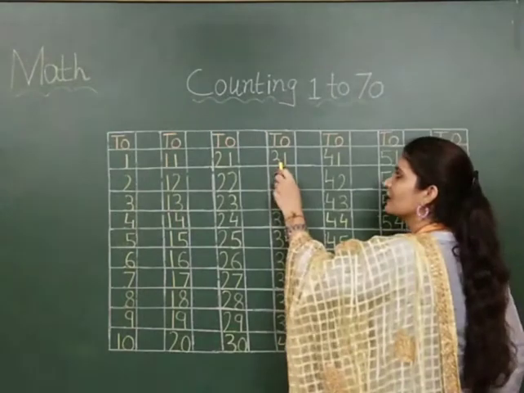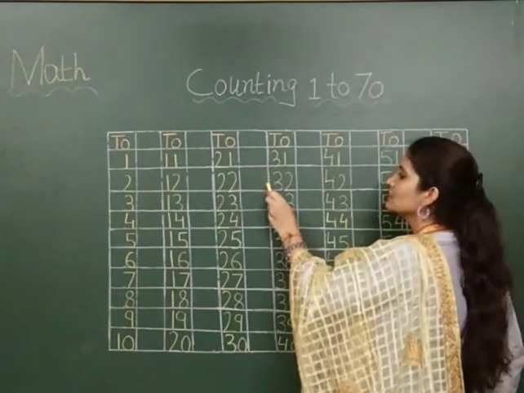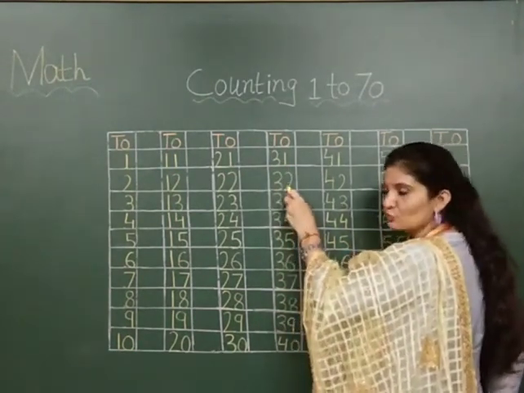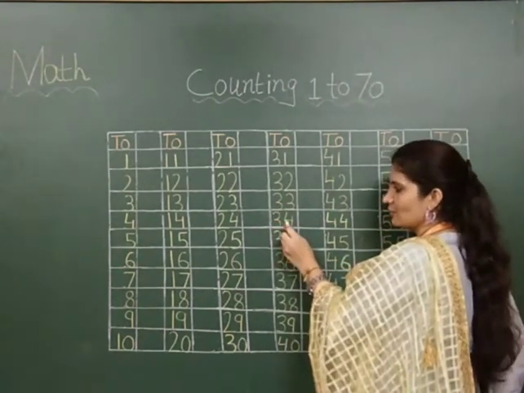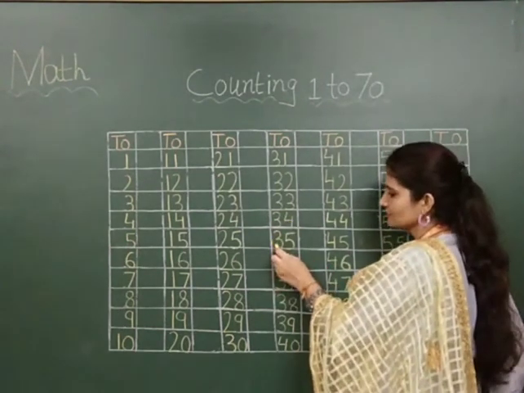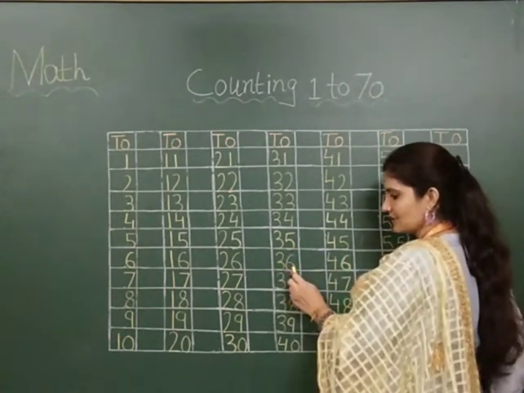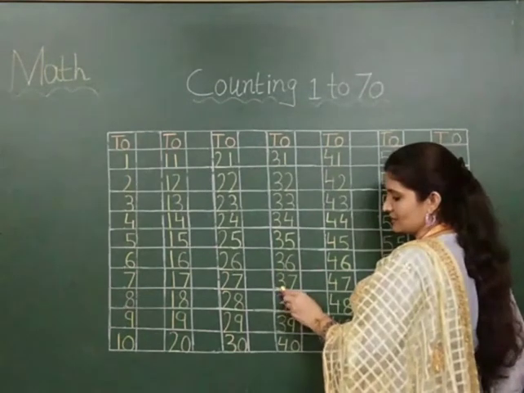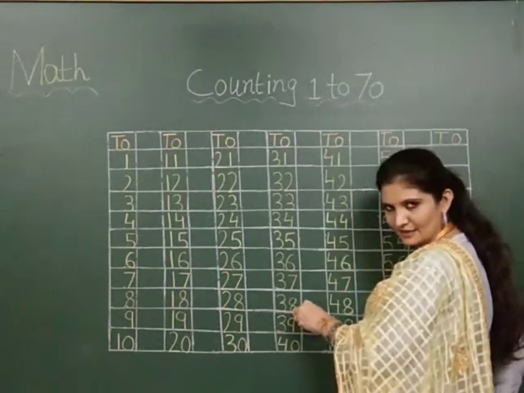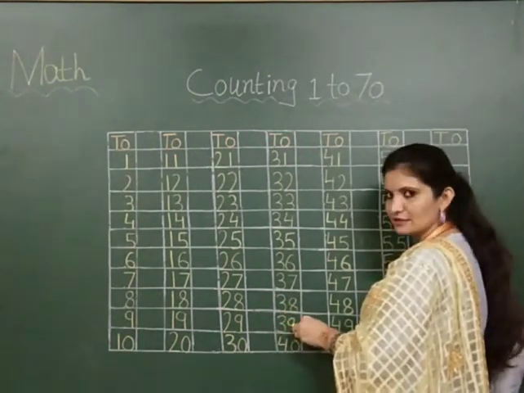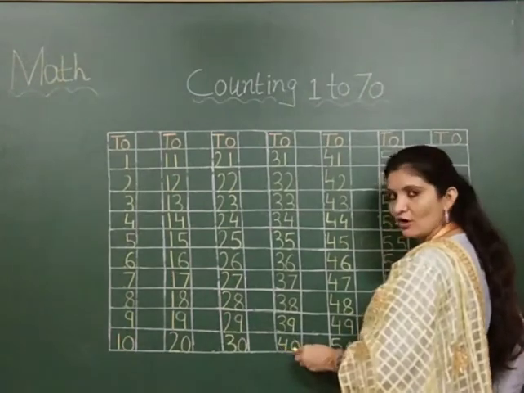Yes, the 3 line, 3 and then 1, 31. 3, 2, 32. 3, 3, 33. 3, 4, 34. 3, 5, 35. 3, 6, 36. 3, 7, 37. 3, 8, 38. 3, 9, 39. And then 4, 0, 40.